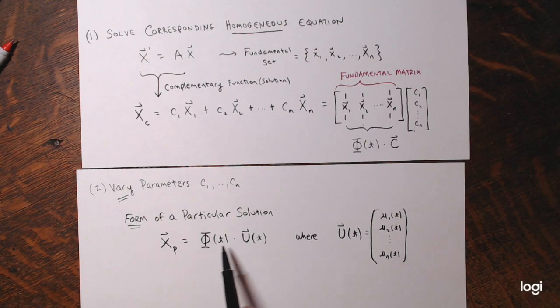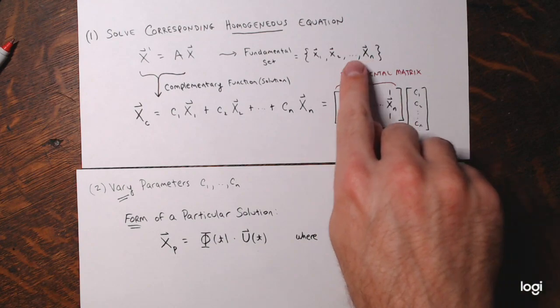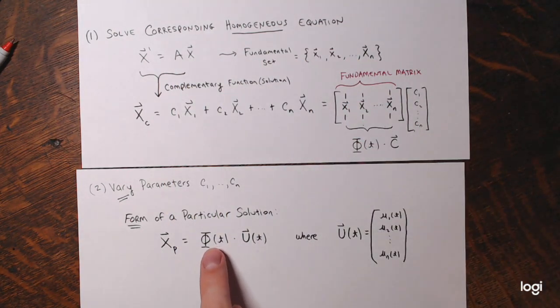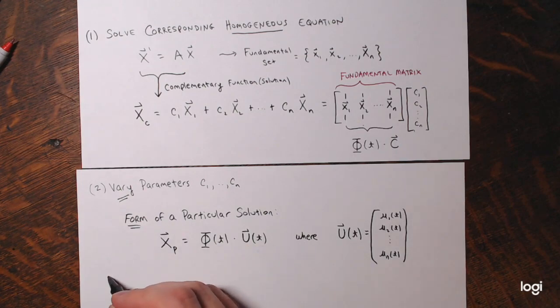So if this is the form a particular solution takes, our goal is now to figure out what u of t looks like. Then we'll know a particular solution, because if you found the fundamental set of solutions to the homogeneous, you'll know what the fundamental matrix phi of t is. Now the goal is to find this u of t vector.